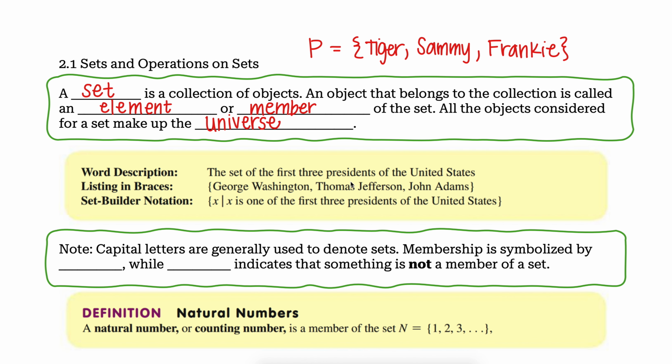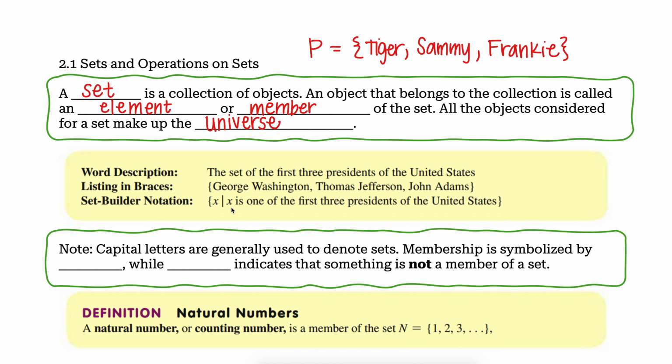Like I said, the braces are the most common, and you can also see set builder notation. The way set builder notation reads, this is the set of all x such that, that's the vertical bar, such that x is one of the first 3 presidents of the United States. And a lot of times when you get into the higher level math classes, you'll see that set builder notation more often. In here, we'll mostly be using the braces though.